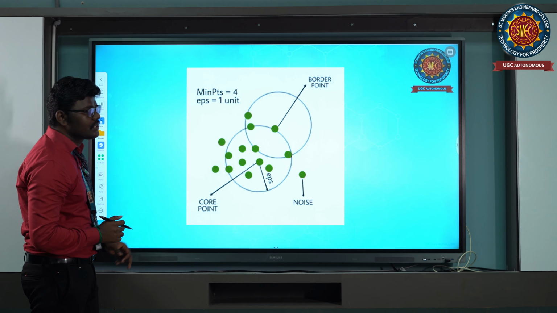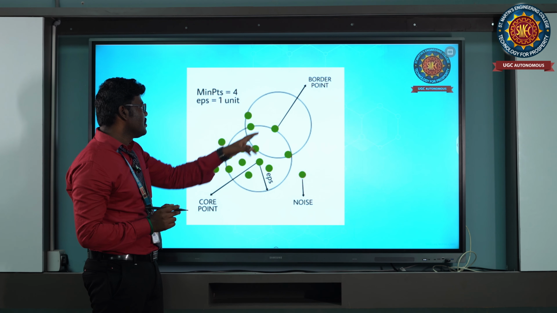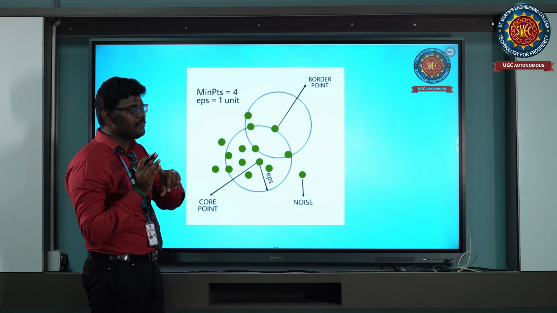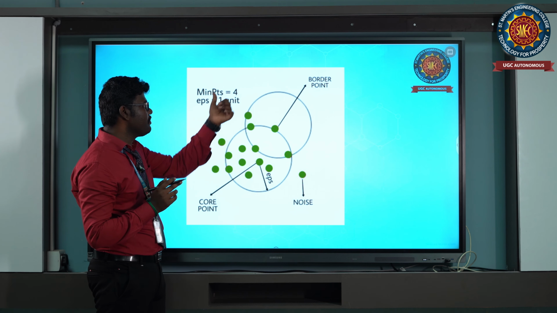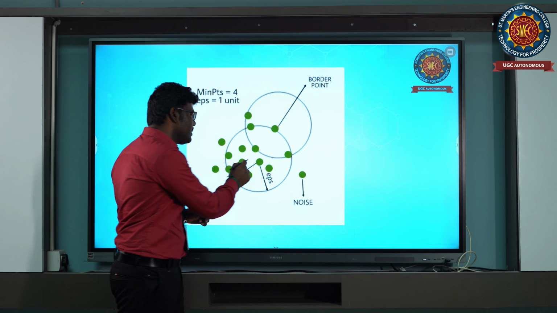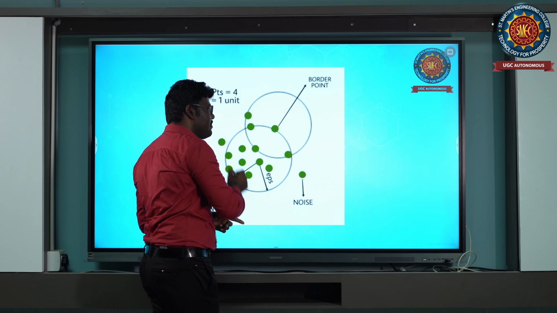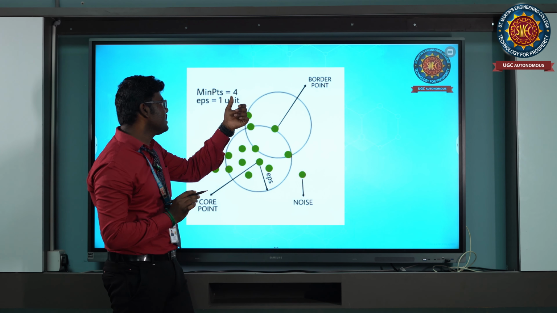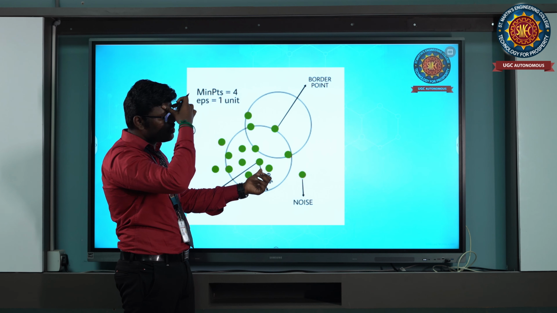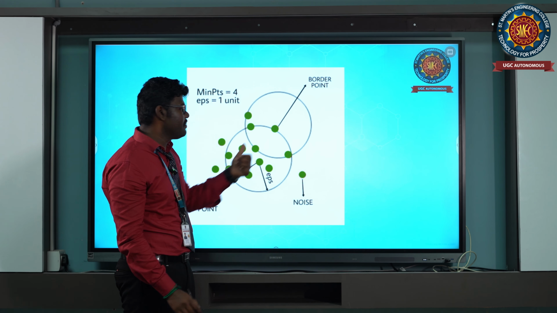See this diagram. First of all, we need to get the input of minimum points and epsilon. Here minimum points is 4 and epsilon is 1 unit. Now find the epsilon point. I will choose this epsilon point and make the radius of circle, right? And then we have to check whether this is a core point or not. How can we check the core point? If it satisfies the minimum points, it is a core point.